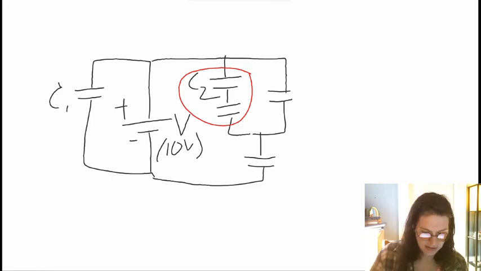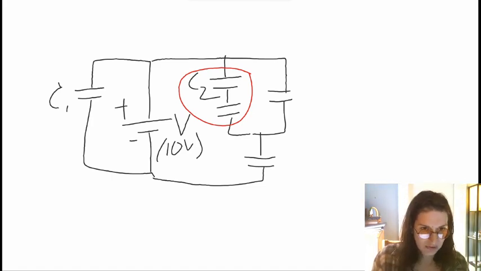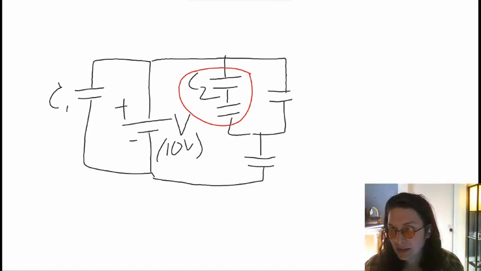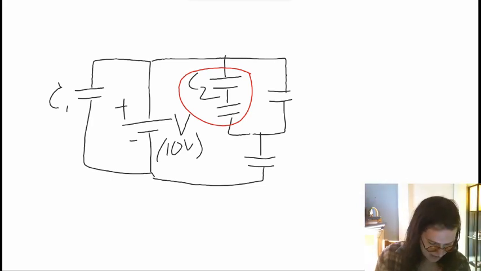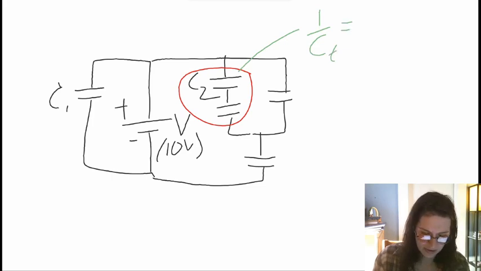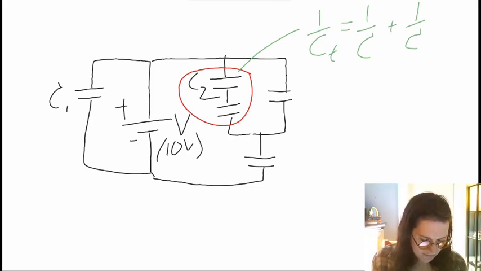Since they're in series, we're going to do the 1 over capacitance rule. They all have the same capacitances, right? So the calculation would look something like this: 1 over C total is equal to 1 over C plus 1 over C. It's the same C for both because all the capacitors in this problem have the same capacitance.